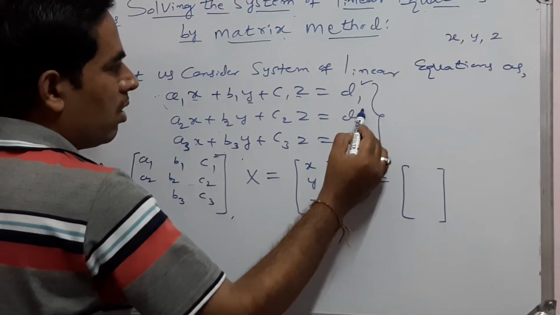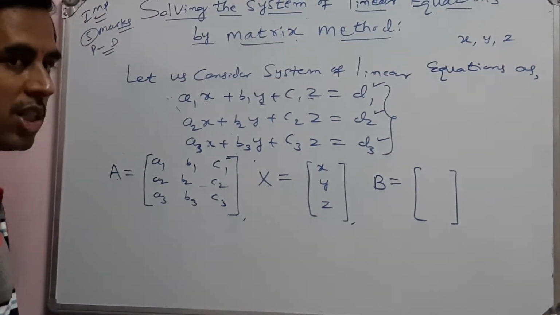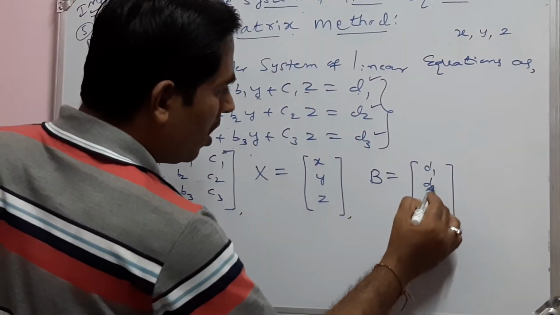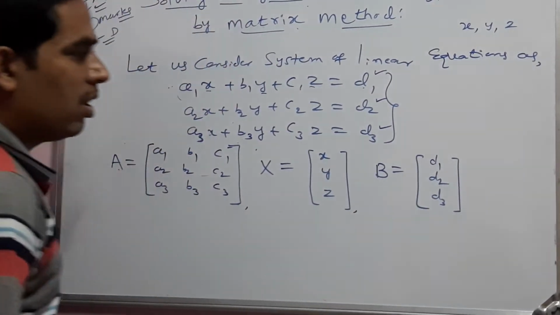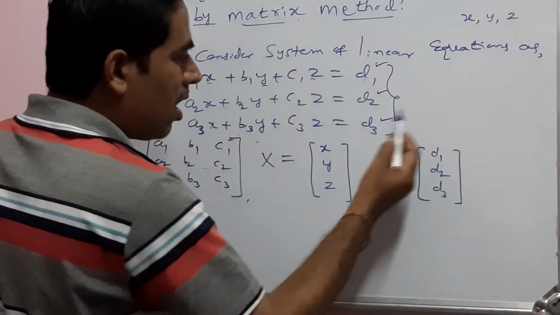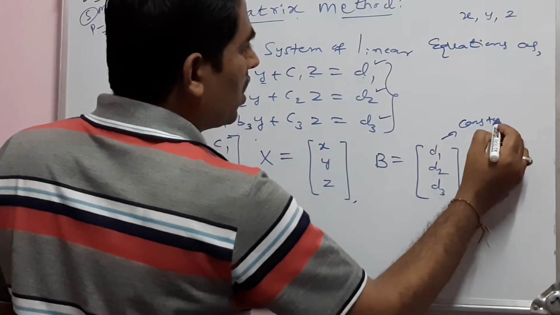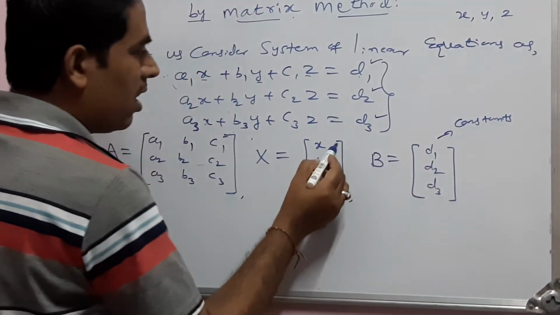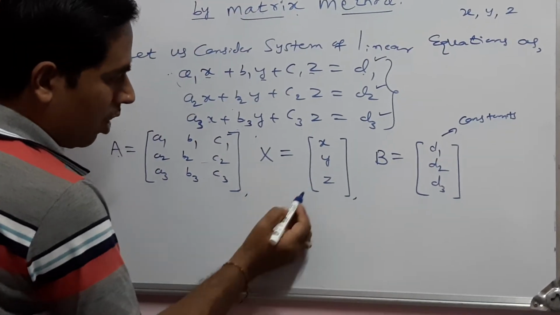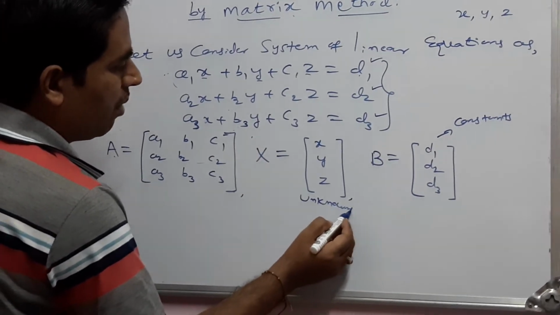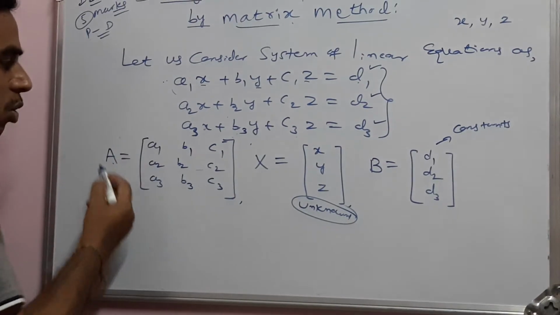On the right hand side, whatever quantities we have, say d1, d2, d3, I will write that as d1, d2, d3. It is a column matrix which contains the constants on the right hand side. X is a column matrix of unknowns or variables, and A is the coefficient matrix.